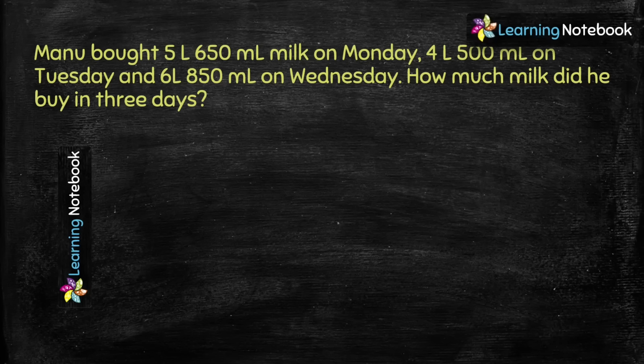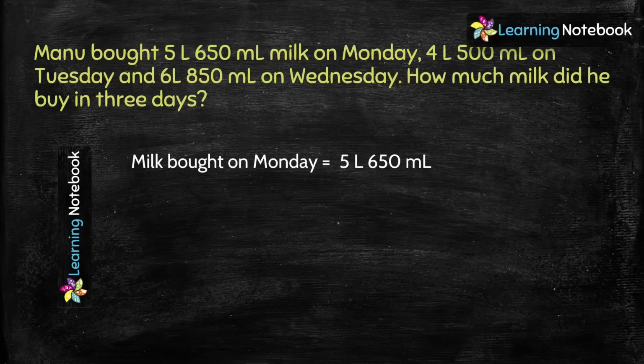So here students, we are given the milk bought by Manu on 3 days, and we have to find the total milk bought by him. So it means we are going to do addition here. So let's first write the statements. Milk bought on Monday is given as 5 liter 650 milliliter, which can also be written as 5.650 liters.